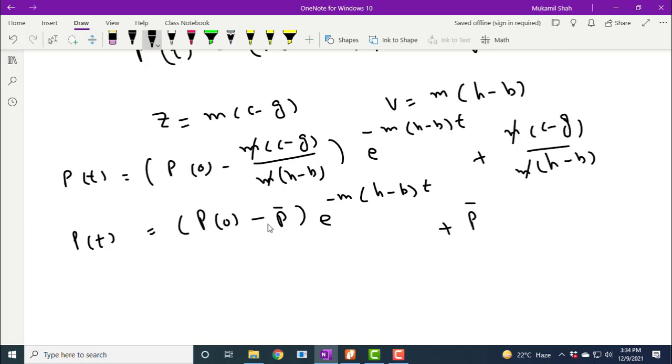So these are the short-term dynamics. And e raised to the power minus this thing, so long as h is greater than v. If h is greater than v, and t tends to infinity, this whole term will vanish. Right?